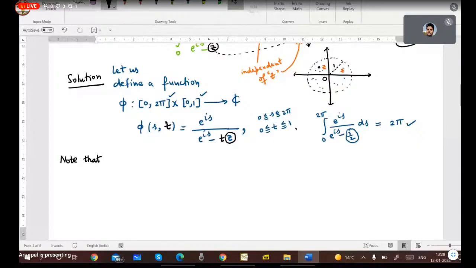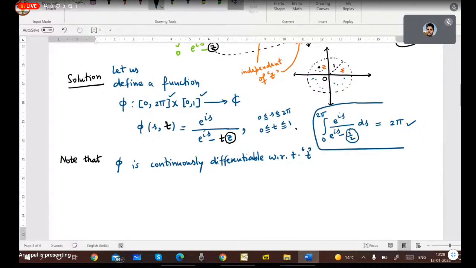Now note that the phi which we have defined is continuously differentiable with respect to the parameter t.